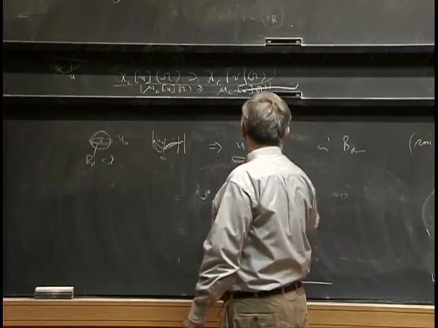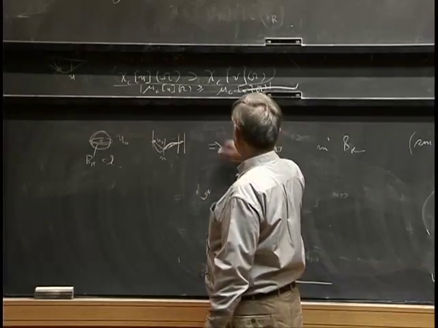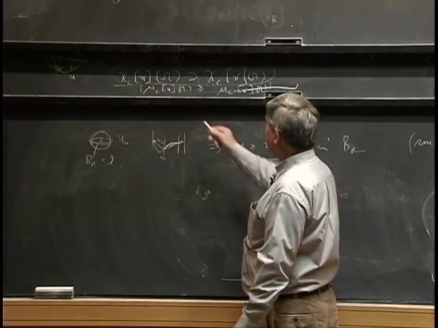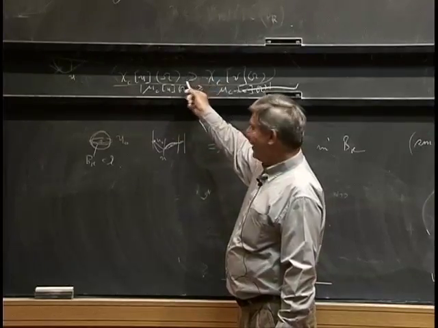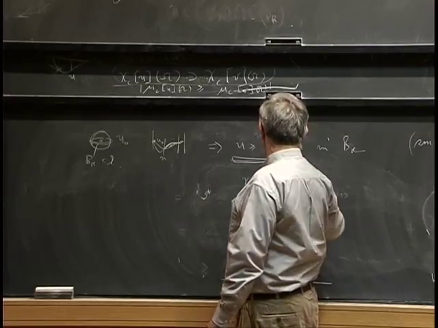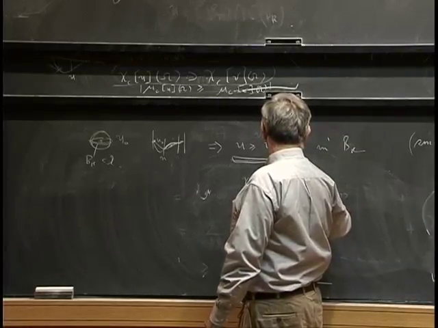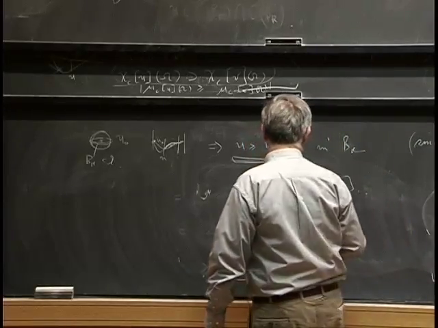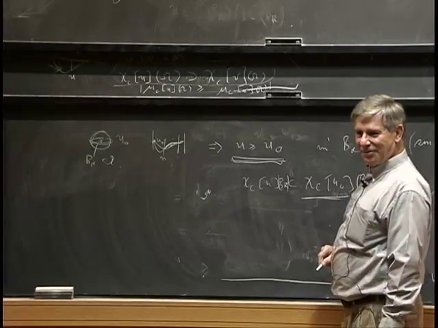So we have this u greater than or equal to u0. That's coming from the monotonicity. But then, what else do we get? I can use this one. This one tells me that the chi c of the u over BR is going to be contained in the chi c of the u0 over BR, by my monotonicity again.